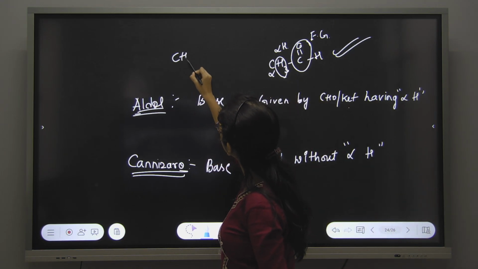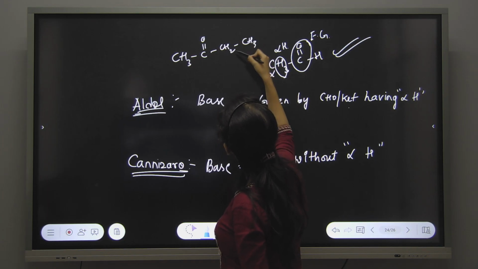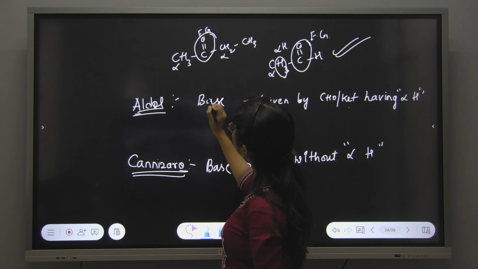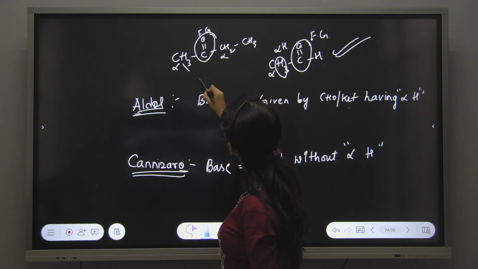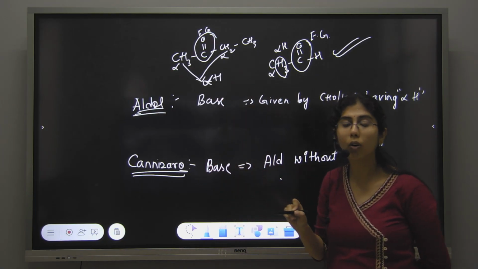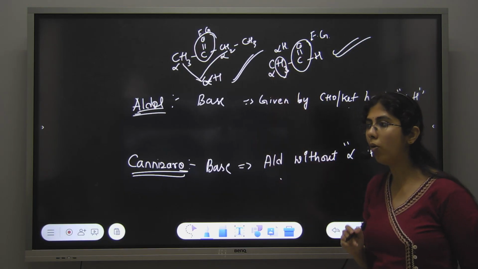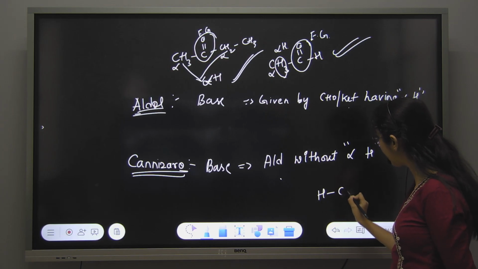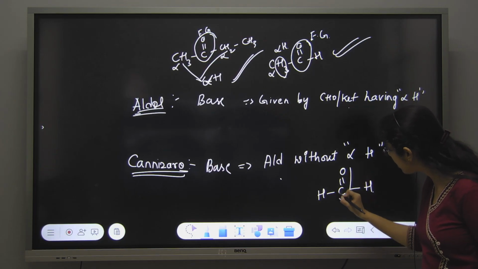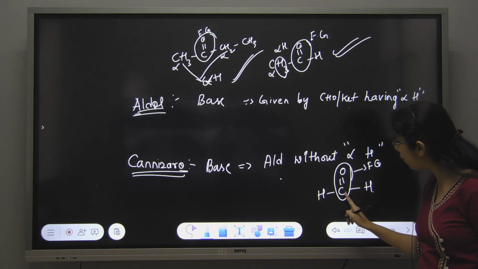In the same way, if I take a ketone like this, this is the functional group. And the next carbons, these two carbons are alpha carbons, and these hydrogens are all alpha hydrogens. Okay, so even this ketone can give aldol reaction. Now, if I take this aldehyde, this is the functional group.